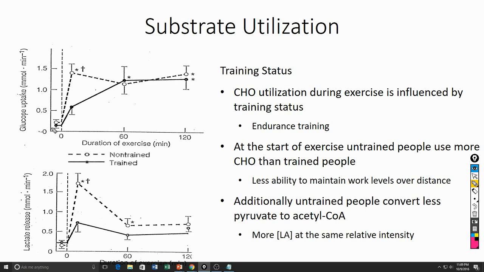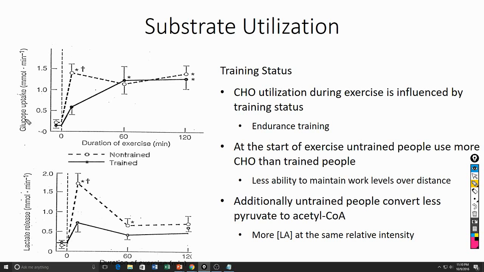Looking at glucose uptake, a trained person doesn't take up as much glucose initially. A big reason for that is that probably the primary thing you develop through training is an ability to burn more fat. And if you can burn fat instead of carbohydrate, then we don't need as much.